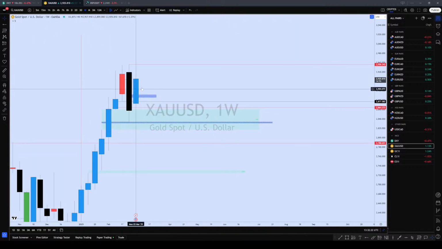But in this scenario, because of this gap here, we don't have any down candle, we've not taken out any gap. Hence, this down candle might be a reaccumulation.